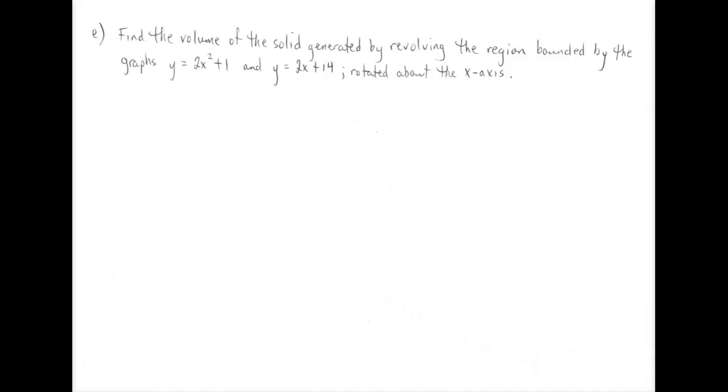So that means, for starters, before we even begin, we know that we're going to be integrating with respect to x. So our formula for volume here is going to be this. And what we're trying to do is figure out how are we going to characterize the area A sub x.